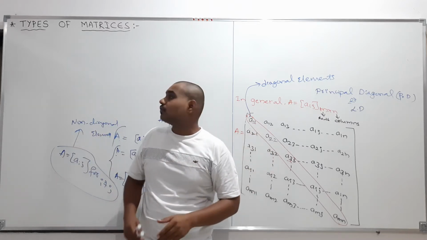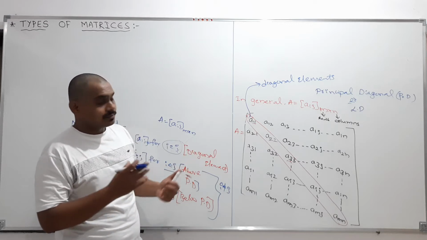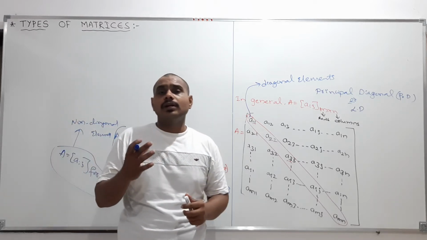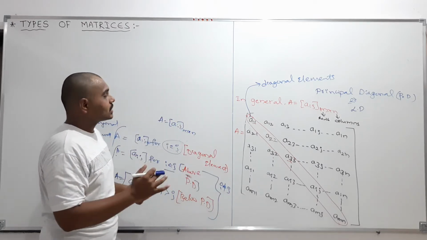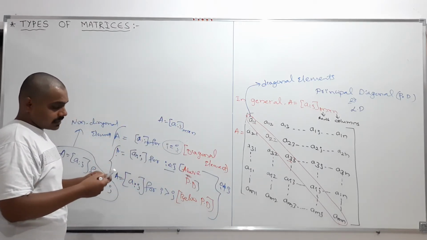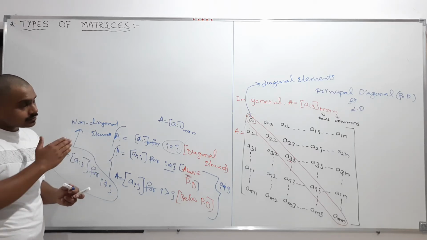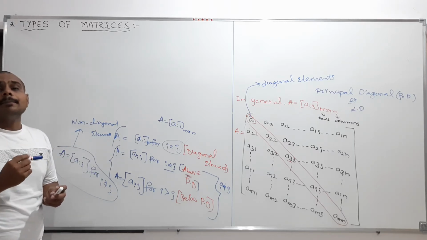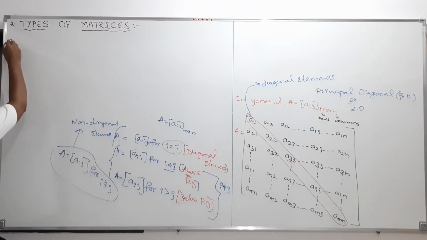So up to here we discussed in the previous video. If you have any doubts or want any information about that, please refer to my previous videos. And next, in today's class, I am going to discuss the next type, that is scalar matrix. My dear students, the next type is scalar matrix.